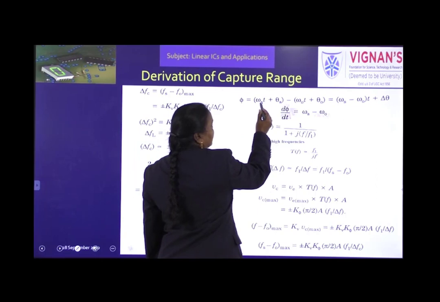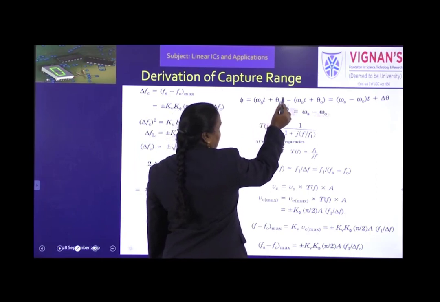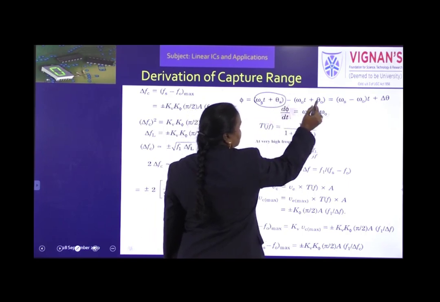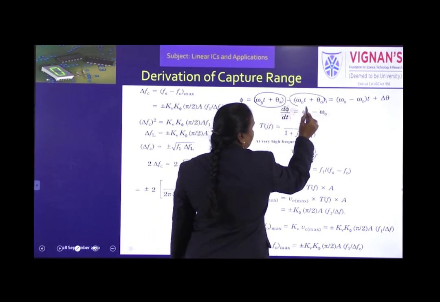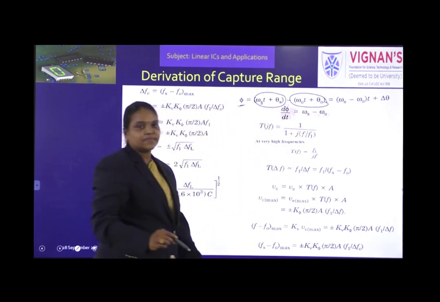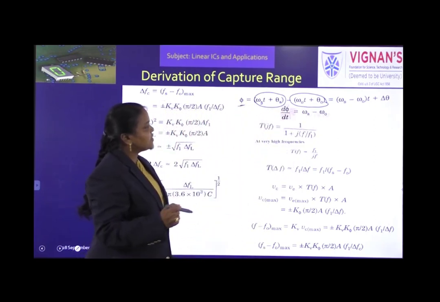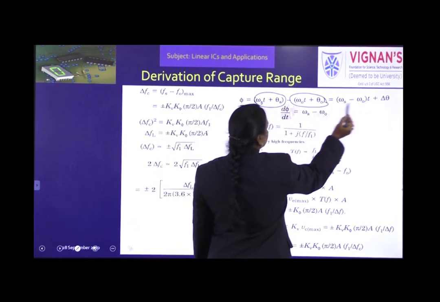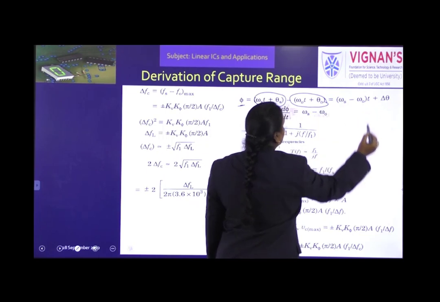So the incoming signal frequency into T plus theta S. This is the overall phase of the incoming signal. Similarly, this is the overall phase of the VCO signal. So the difference between these two is the phase shift. If we simplify this, (omega S minus omega naught) into T plus the change in these two, that is delta theta.